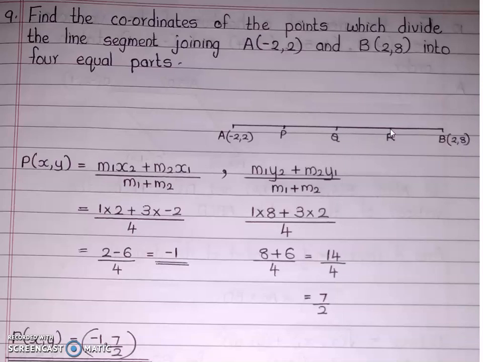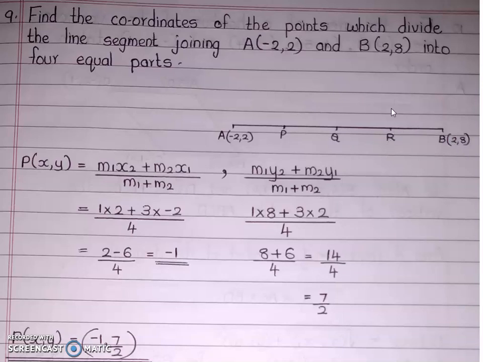Now what about R? Here I am taking this total length as 4 centimeter. So when I divide it into 4 equal parts, each section will be 1 centimeter. That is AP will be 1, PQ will be 1, QR will be 1 and RB will be 1.